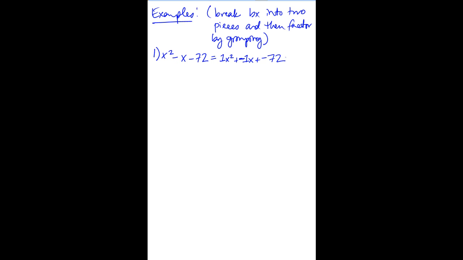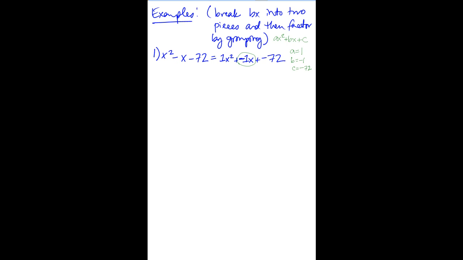All right, so let's see if we can figure out how to factor this expression. We know from what we've just talked about that we need to be able to break this negative 1x into two pieces somehow. The way we do that is by recognizing how well this fits the pattern ax squared plus bx plus c. In this example, our a is 1 because that's the coefficient of x squared. Our b is negative 1 because that's the coefficient of x. And our c is negative 72 because that's the term that has no x's in it.